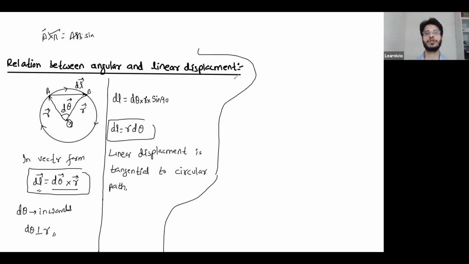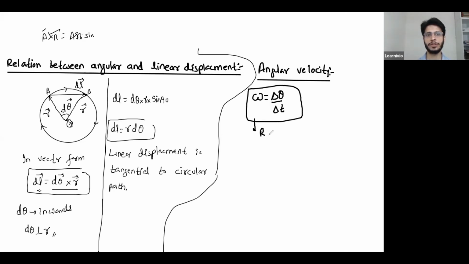Okay, after the relation between angular and linear displacement, the next thing is angular velocity. Just like linear velocity, angular velocity is the ratio of angular displacement and time. We represent angular velocity with omega.